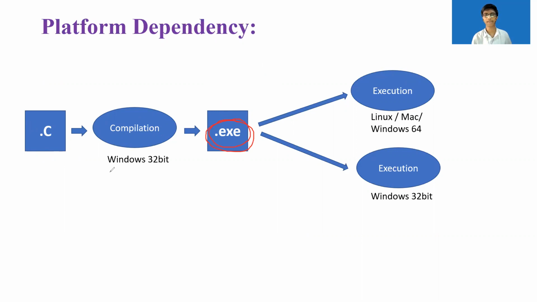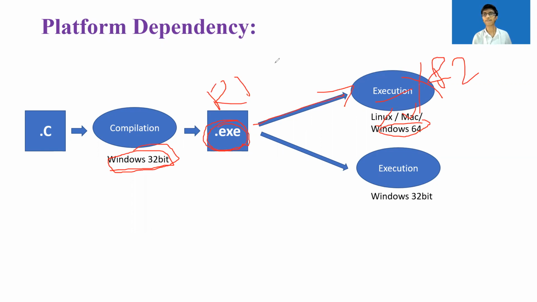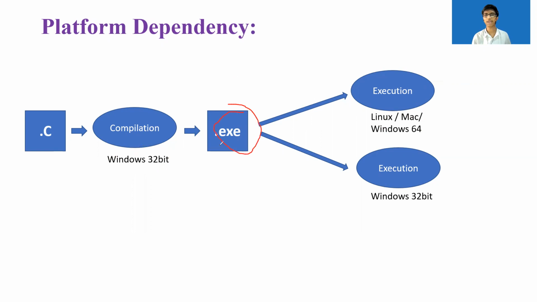For example, if I compile my code over Windows 32-bit, the executable file will be generated as per Windows 32-bit. So when I try to execute over Linux, Mac, or any Windows 64, it won't execute. Why? Because here the representations are of one type and here the representations are of a second type. So there's a difference in the representations. That's why whatever executable file you generated over here, it won't execute here.